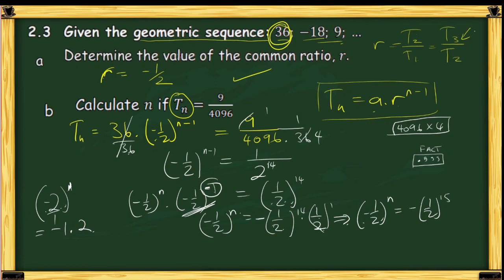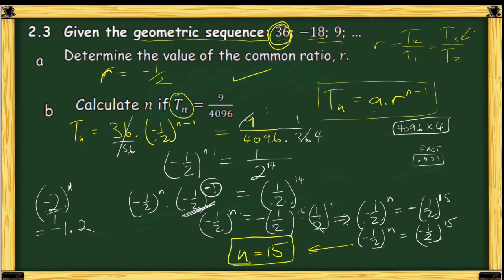Now, given that this is uneven, we will render the same negative result if we were to do this: negative 1 over 2 to the power 15, because once the exponent is uneven and there's a negative in the base, the result will be negative. But this ensures that our bases are the same, and then we can finally state that, running out of space, or I have run out of space some time ago, but no matter, n is equal to 15.